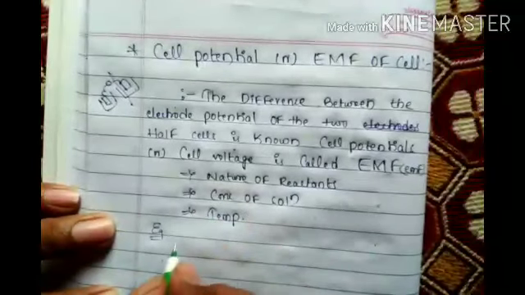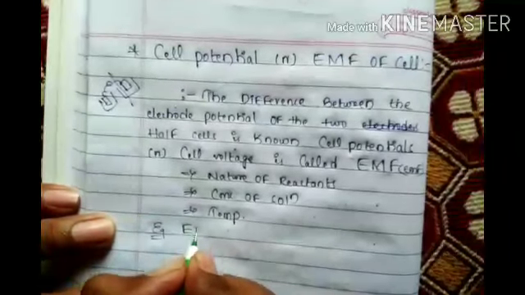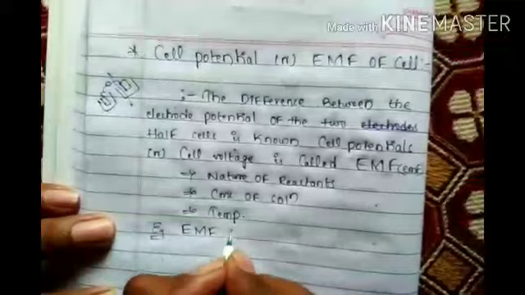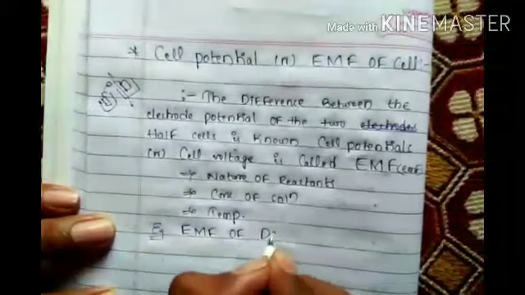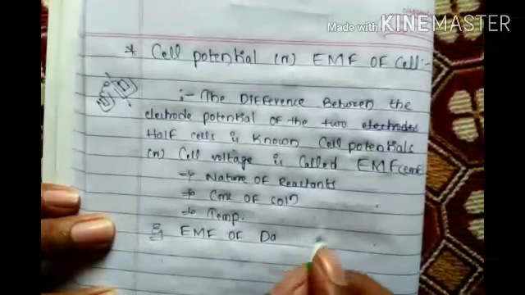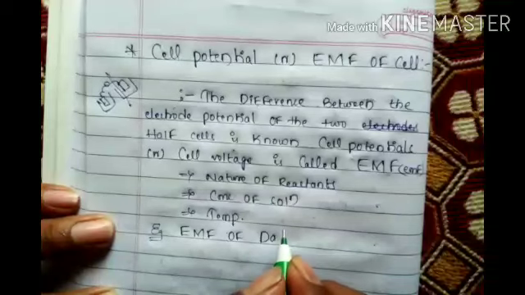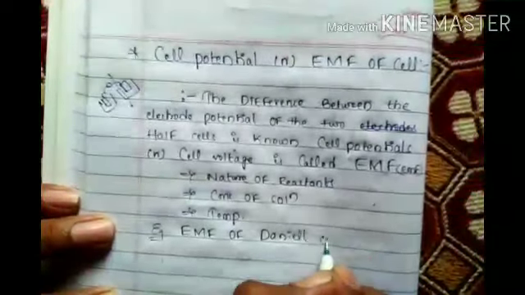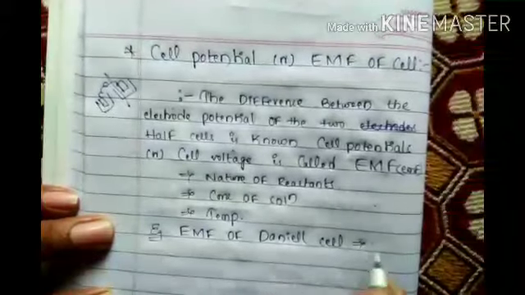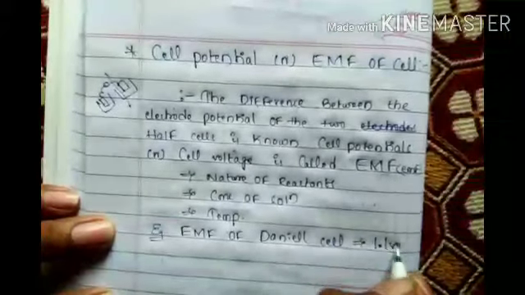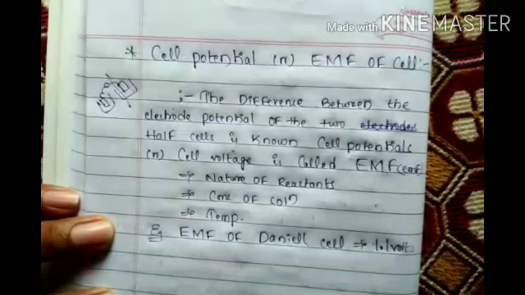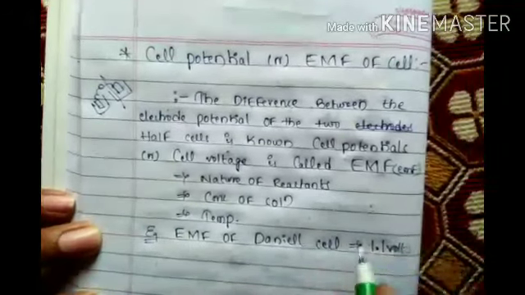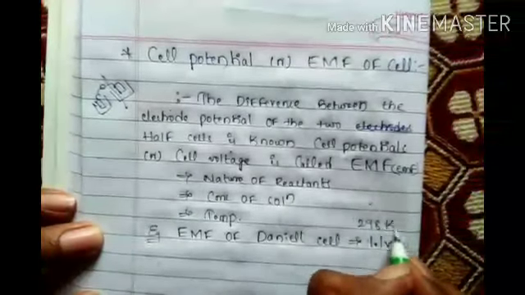The EMF of a Daniel cell is 1.1 volt at 298 Kelvin. Where did we do this?